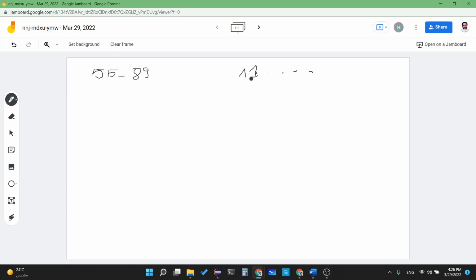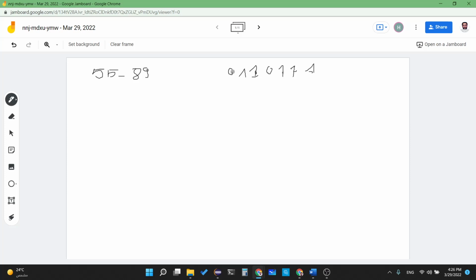This gives us 48. And then we need 7, so 0 for 8. We need 4, we need 2, and we need 1. So this is 1 plus 2 plus 4, this is 7, plus 16 plus 32. That's 55. So here we have only 6 bits.